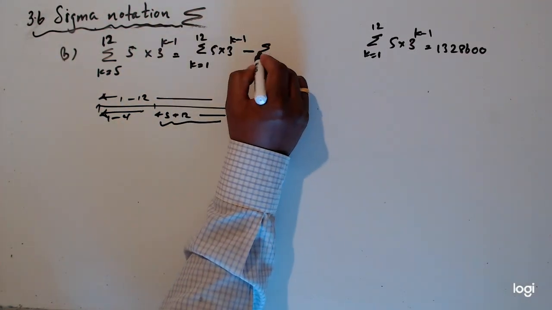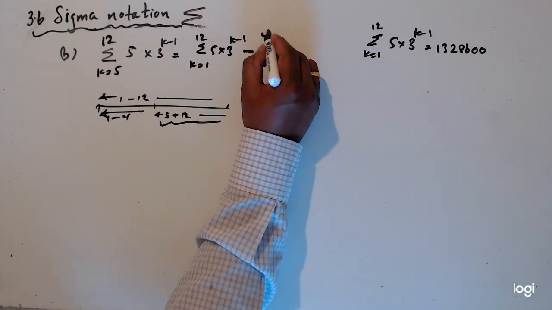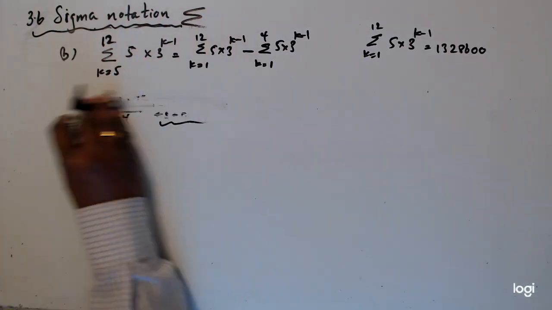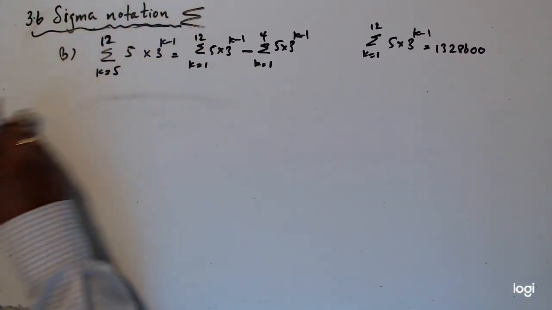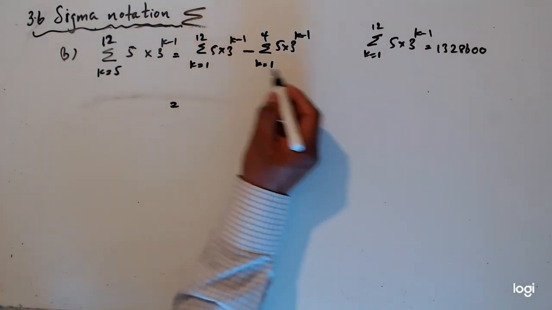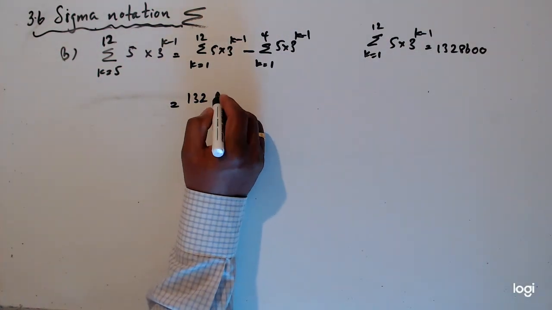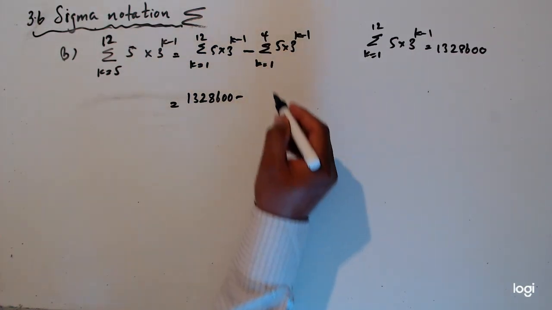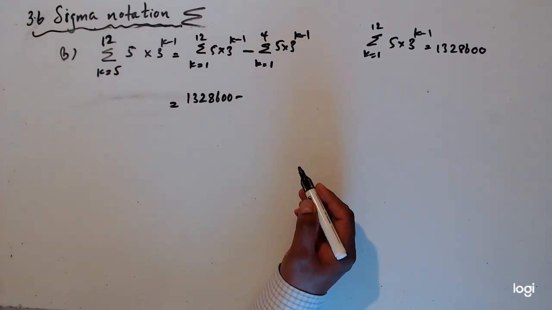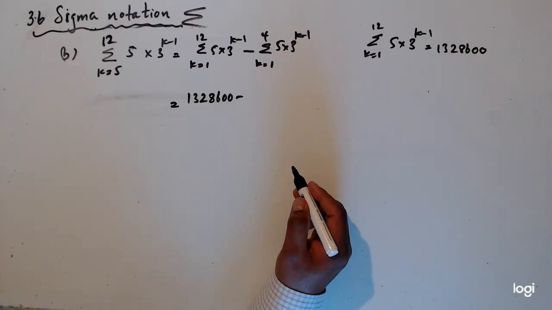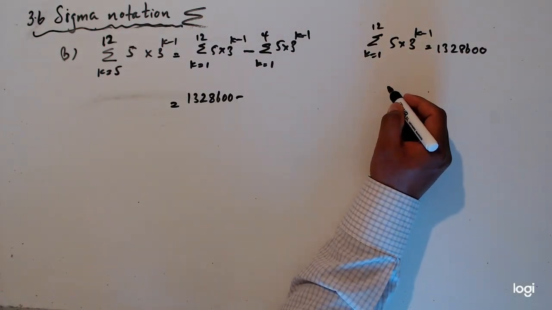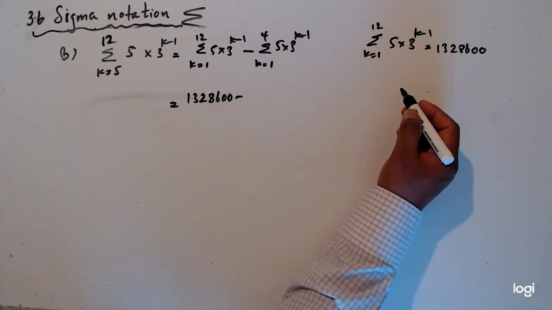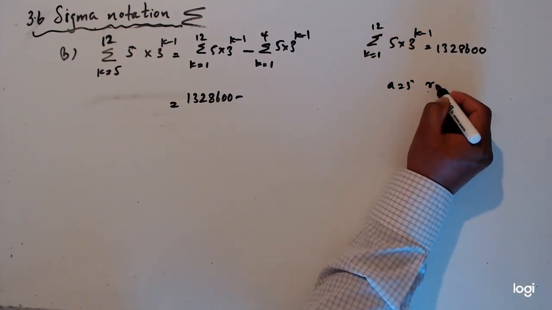So then k equals 1 to 4, 5 times 3 to the power k minus 1. Now we know that for 1 to 12 we found out 1328600. Now same way you need to find 1 to 4. I can remember A was 5, the series was a 5, r is 3.